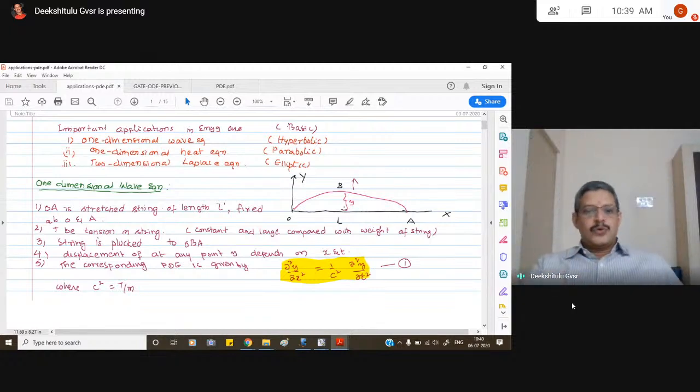So the displacement is clearly a function of x and t, and the corresponding partial differential equation, without going into the proofs, is given by ∂²y/∂x² = (1/c²) ∂²y/∂t², where c² is T by m. As I said, T is the tension and m is the mass.